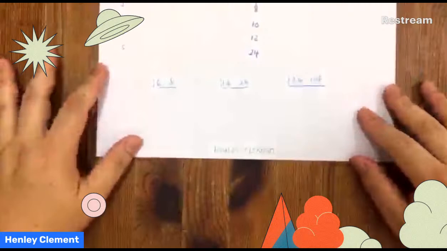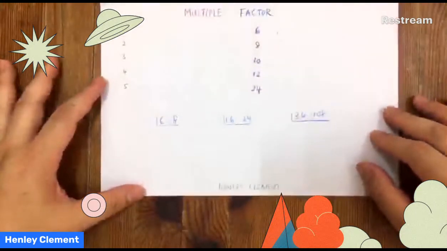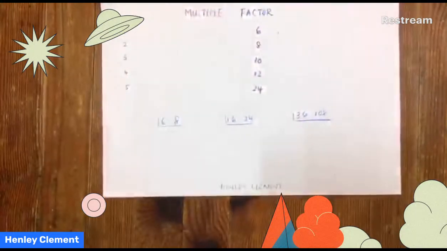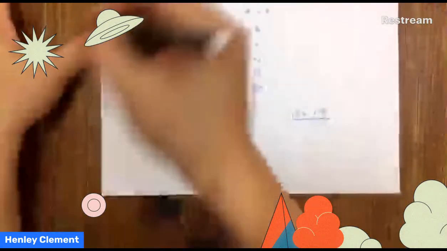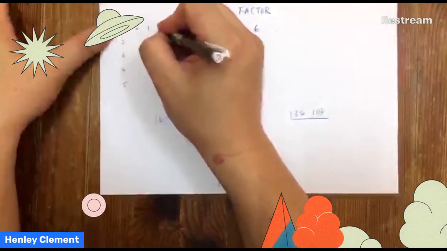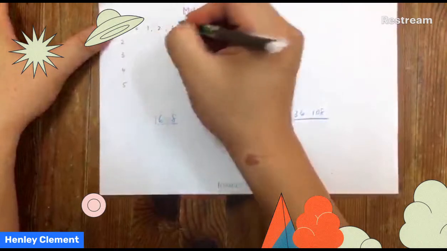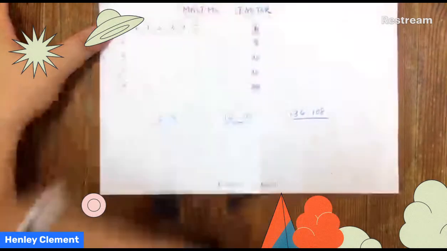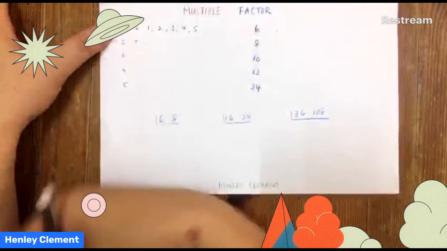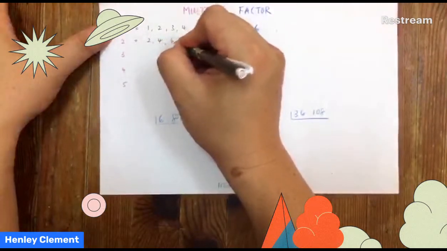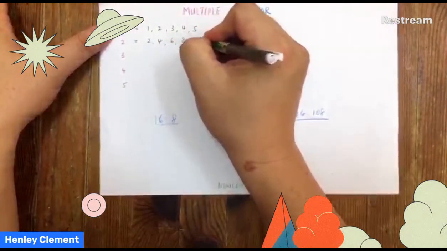Okay. We have this one for our today's last class. Multiples of 1. Let's say we find out multiples of 1 here. It will be 1, 2, 3, 4, 5. If I write 5 multiples of 2, it will be 2, 4, 6, 8, 10.